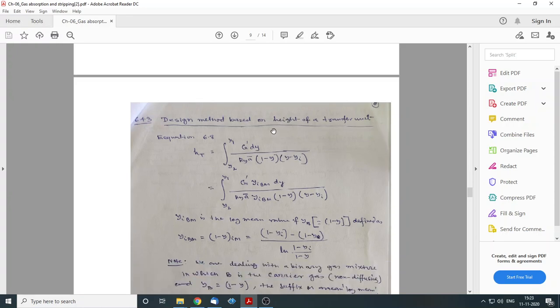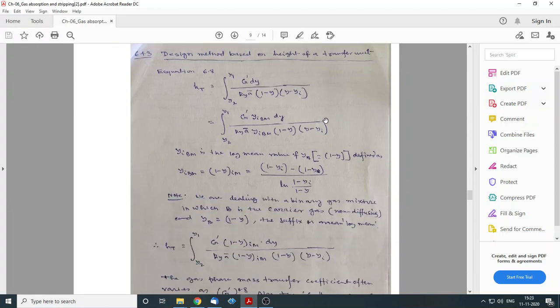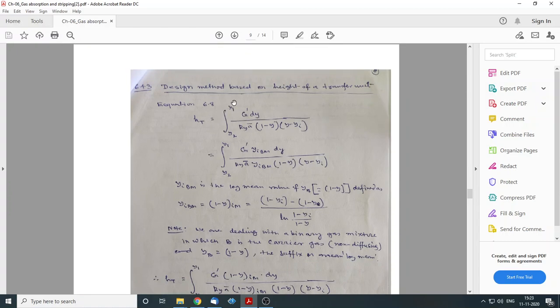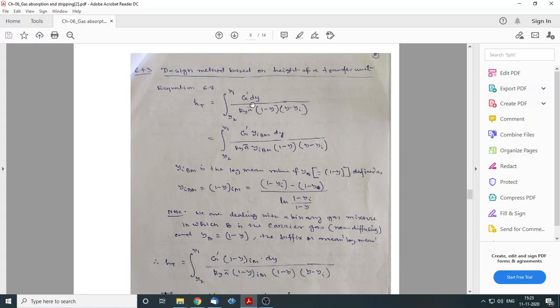Now there is one interesting thing. For the height of a transfer unit, I got this equation: the integral from y1 to y2 of G dash dy over small ky a (1 minus y)(y minus y star). Now if I multiply by (1 minus y)iM up and down, I can make it even.